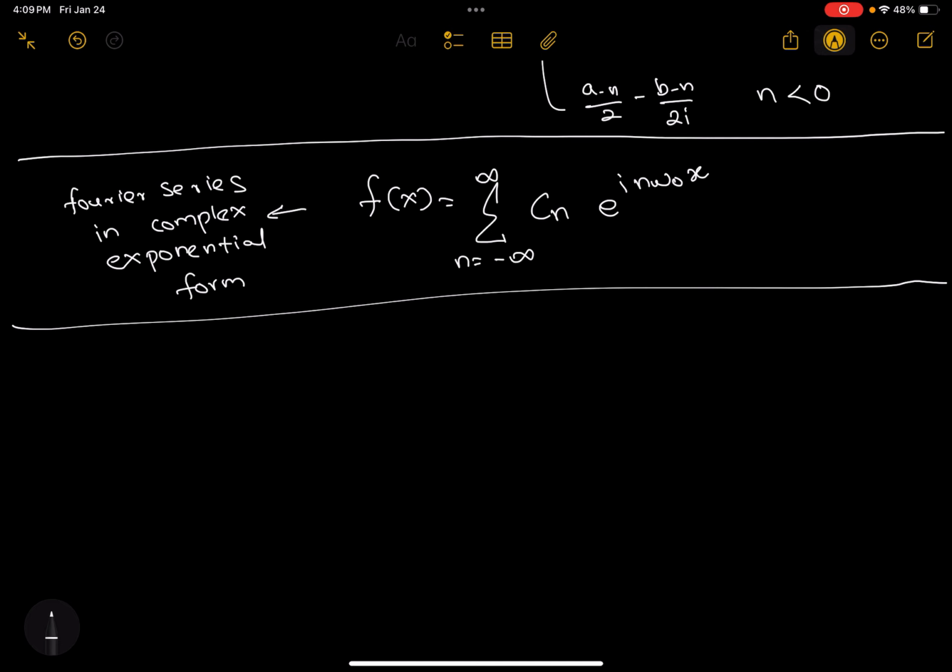For that, what we actually do is multiply both sides by e to the power negative I m omega naught x. There's a reason for doing that. And then integrate.